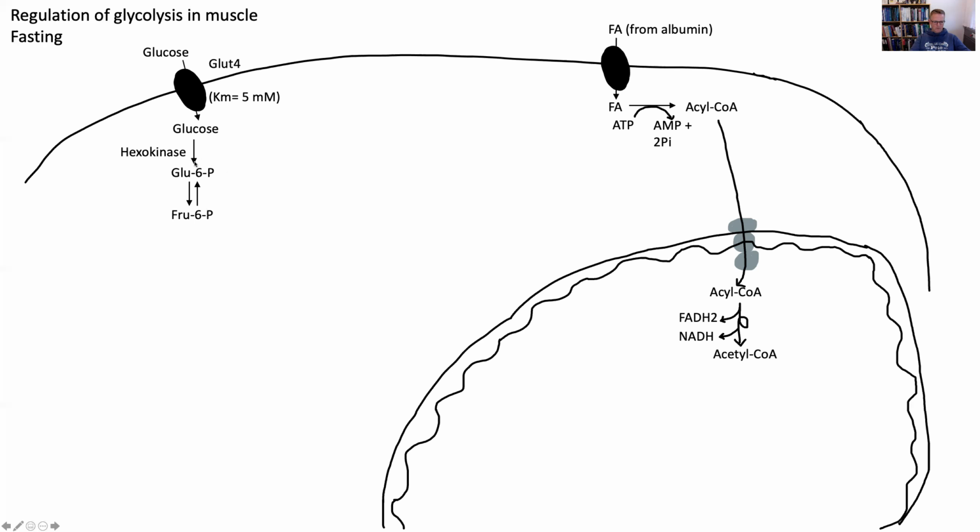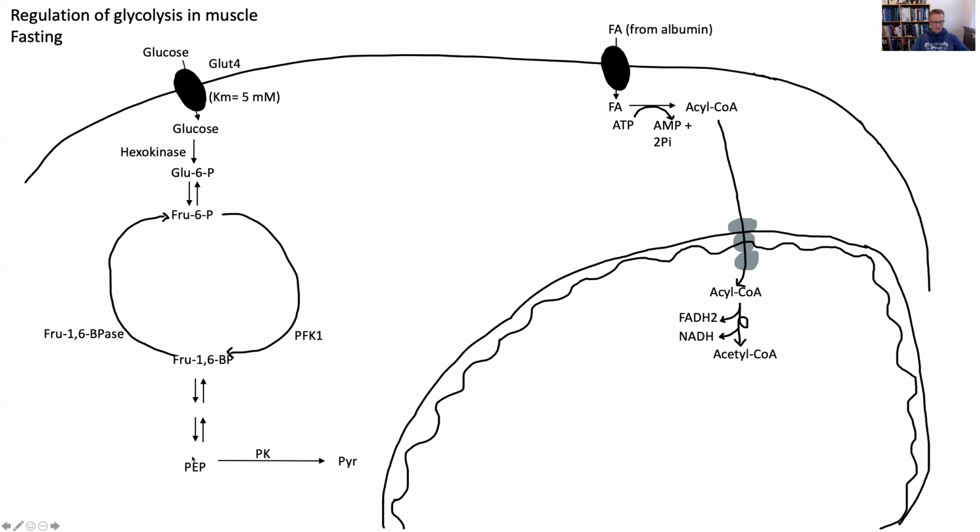Glucose will then be phosphorylated to glucose 6-phosphate, which then will be converted to fructose 6-phosphate, which then, by the activity of phosphofructokinase 1, can be further phosphorylated to fructose 1,6-bisphosphate. This can then be converted to PEP, which then can be converted to pyruvate by pyruvate kinase.